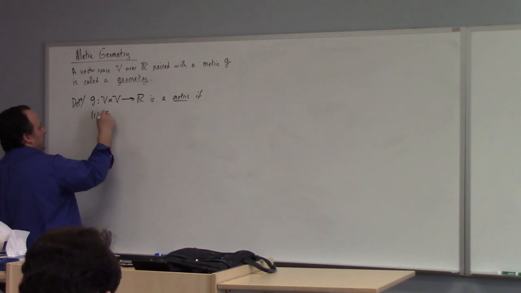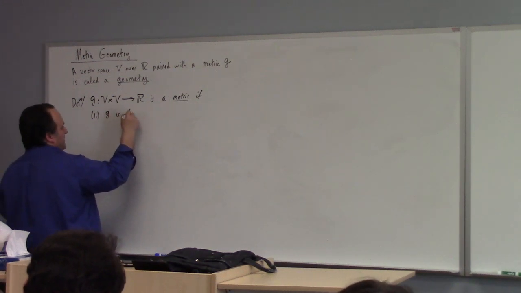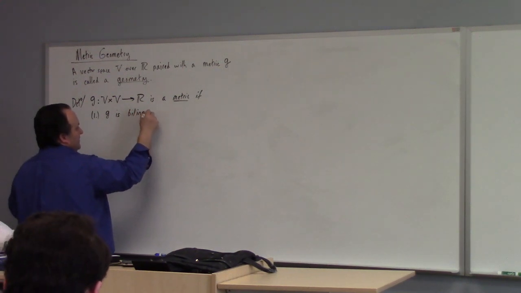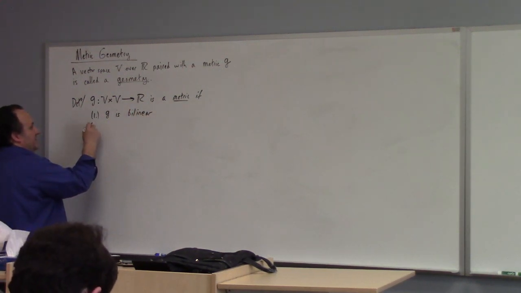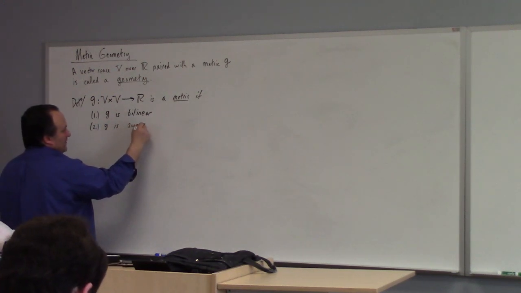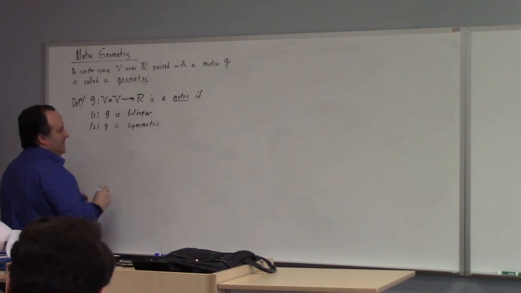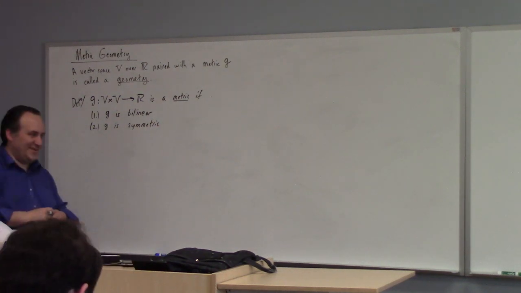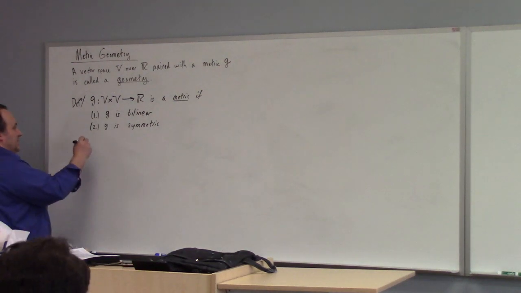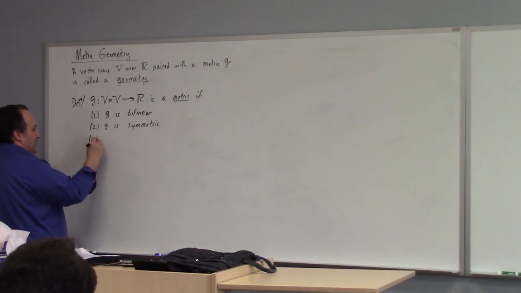Number one, G is bilinear. We already know what that means. Yay. Number two, G is symmetric. We already know what that means. Yay. All right, so it's a symmetric bilinear form, and it also is non-degenerate.